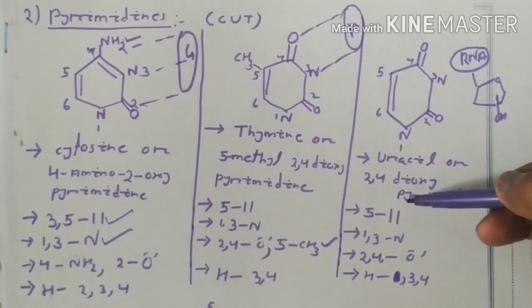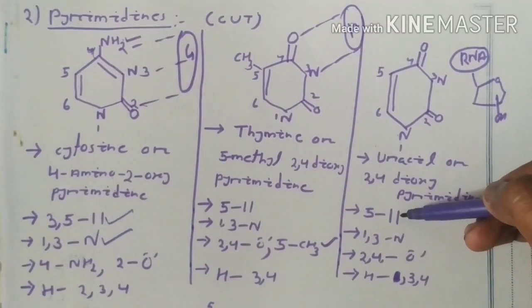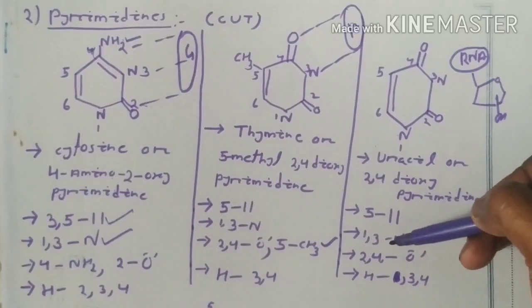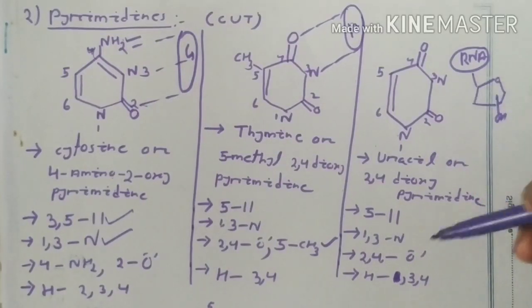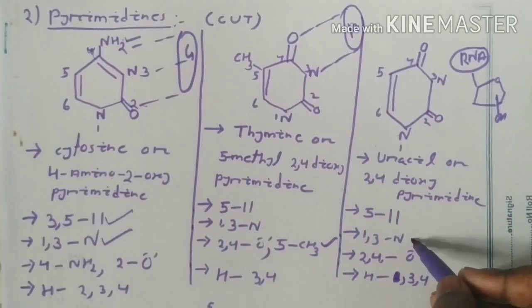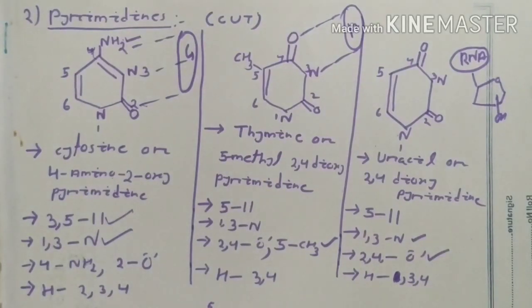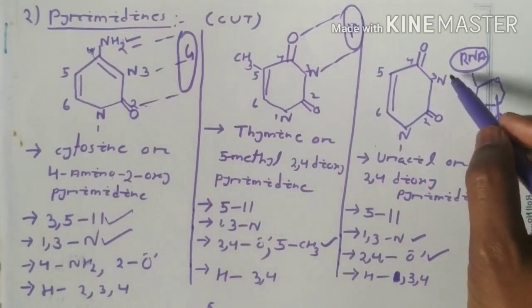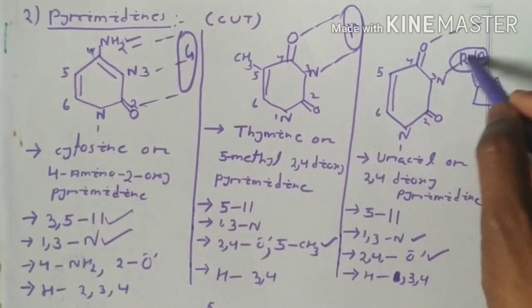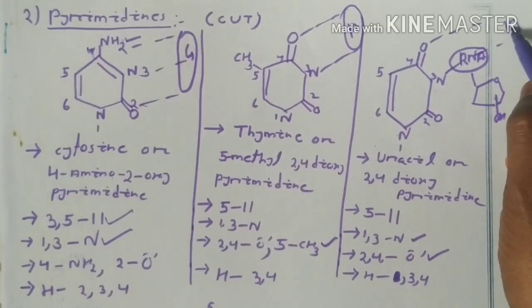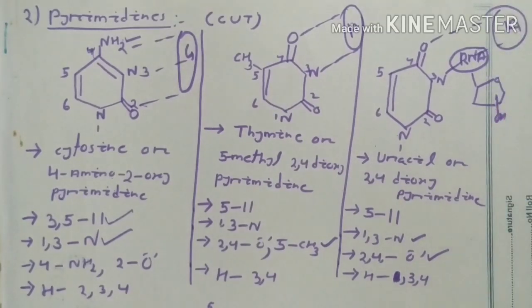Like thymine, it also has the double bond at the 5 position, and the 1 and 3 positions contain nitrogen atoms, the 2 and 4 positions have oxygen, and the hydrogen bond is present in the 3rd and 4th, that is this position and this position, and it forms bond with adenine in RNA only.